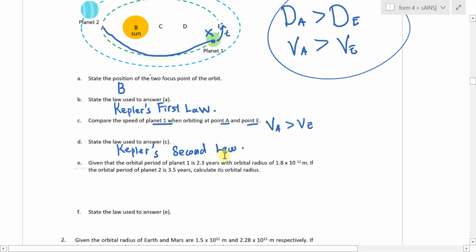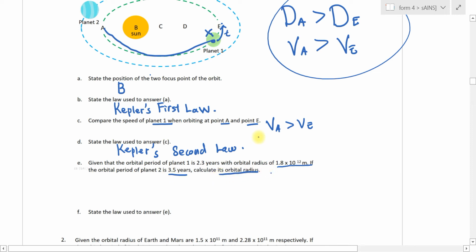Now the question is, given that the orbital period is 2.3 years, with the orbital radius of 1.8 times 10 to the power of 12 meter, if orbital period of the second planet 2 is 3.5 years, calculate its orbital radius.